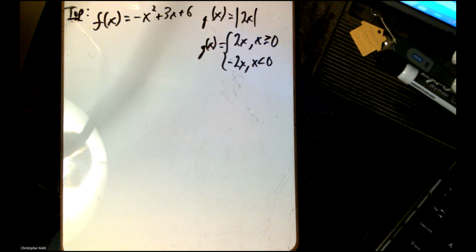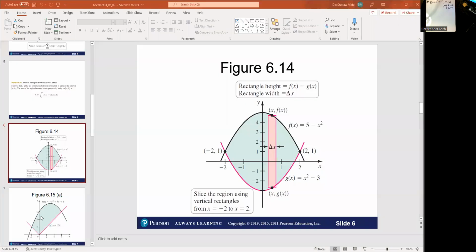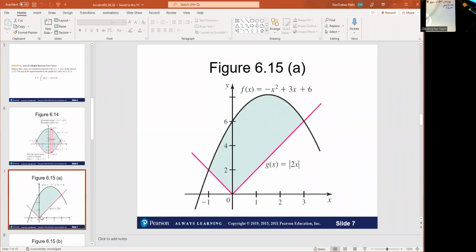If I look at my graph, I put these into my graphing calculator, say, you'd see that they're going to look like this. So I can chop this into two pieces. You know the lower and the upper function, it's still the absolute value of 2x.